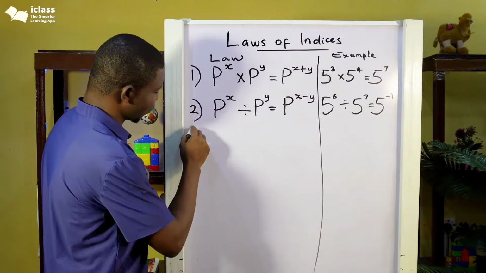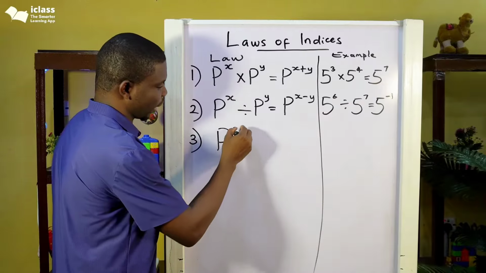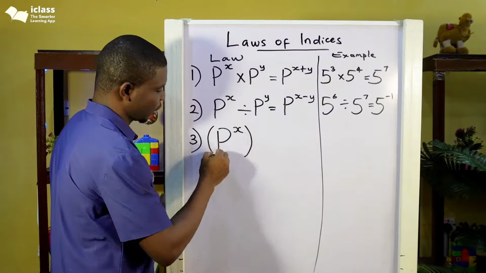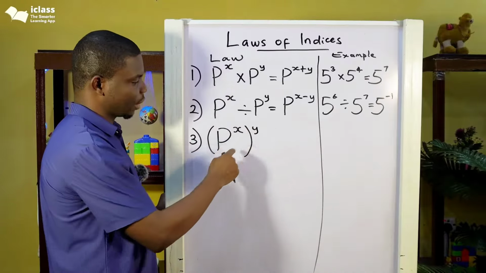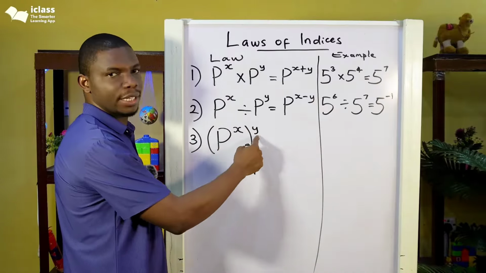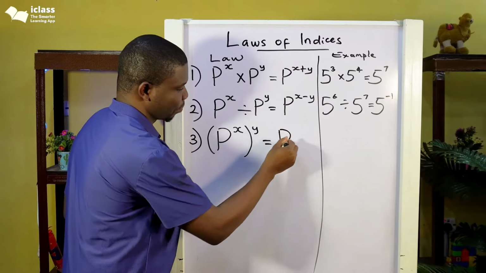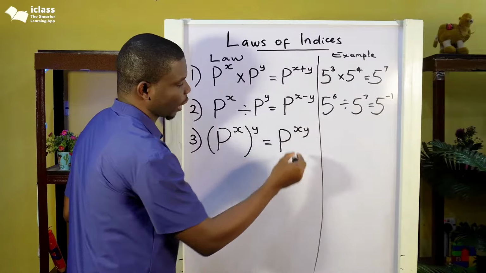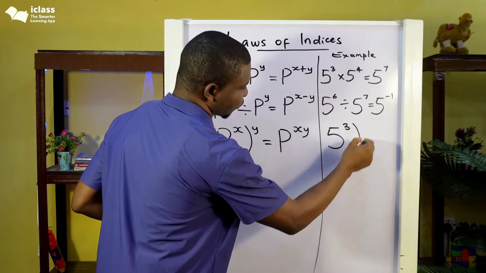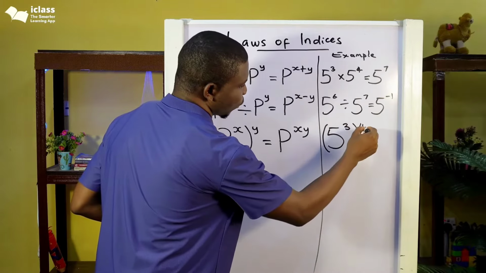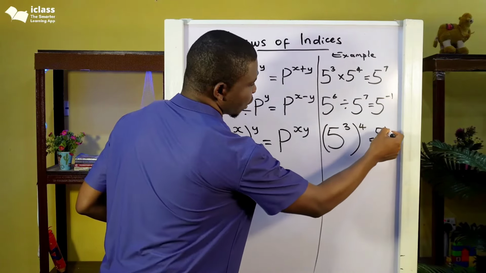The next would be, let's say we have p to the power x, and then all raised to the power y. This is very easy. All you need to do is to multiply the powers. So you'd have p to the power xy. An example would be, let's say 5 to the power 3, all raised to the power 4. So this will be 5 to the power 3 times 4, which is 12.